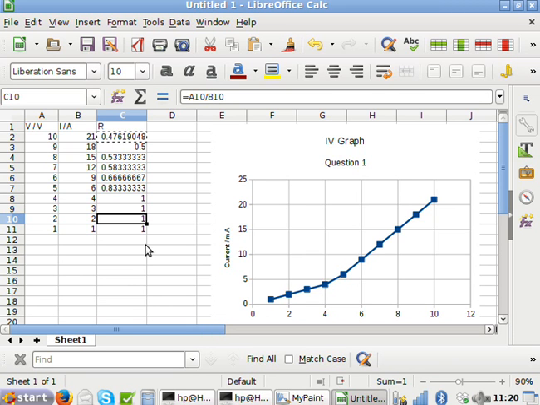Okay, so here, the next one, let me clean this up. So this is now current in amps. Hang on. Current in amps.